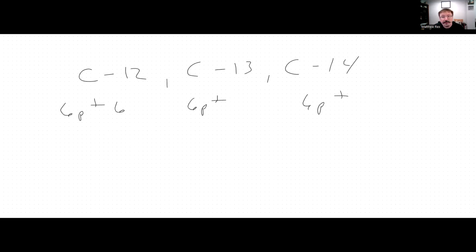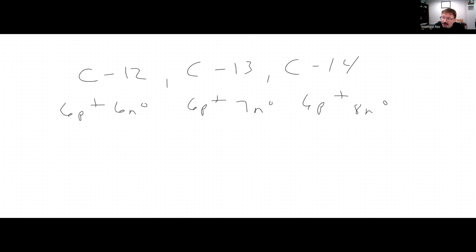Which of the following is not true about isotopes? So isotopes are the same element, but with differing numbers of neutrons. So if we had carbon 12, carbon 13, and carbon 14, the thing that makes them all carbon is they all have to have 6 protons. And then what changes is that this has 6 neutrons, this has 7 neutrons, and this has 8 neutrons.